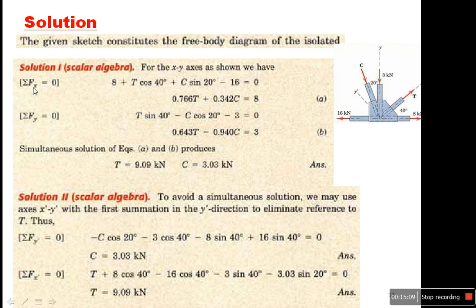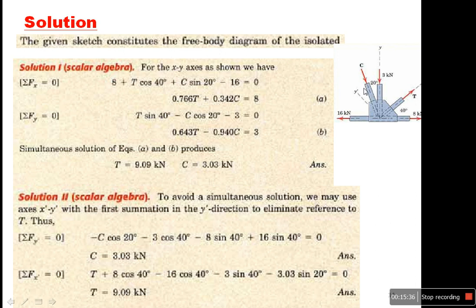Okay, so summation of all forces in the x-axis equal to 0. I'm talking about the x-axis. So in the x-axis positive, it is 8 plus T cosine 40. Now this T will be in the direction of x, plus C sine 20, because this angle is equal to 20.